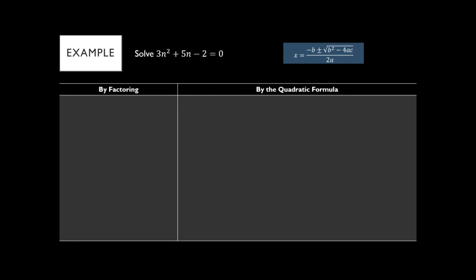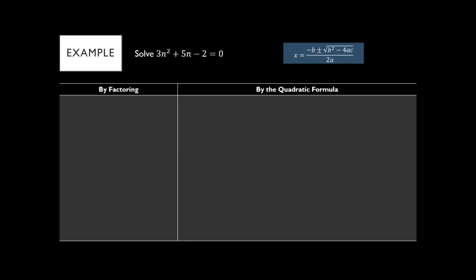So we condense that into a plus or minus symbol so that instead of writing two separate equations, we can write one. So we have negative b plus or minus the square root of b squared minus 4ac, all over 2a. That's the formula, and the process to simplify it usually takes a lot of steps and is very prone to math errors.